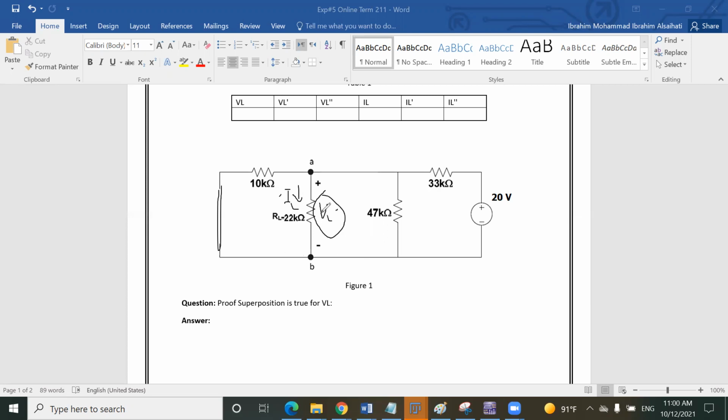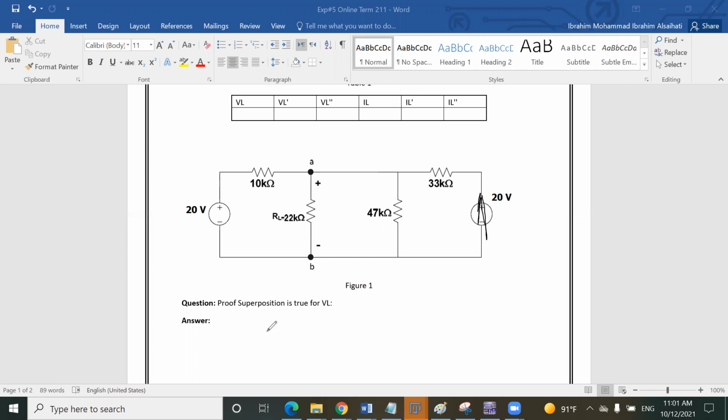So it's up to you. You can put one circuit for the voltmeter and one circuit for the ammeter, but if I were you, I would put them at the same time. Then you bring this source back, deactivate this one, and find this voltage, VL double prime, and IL double prime.